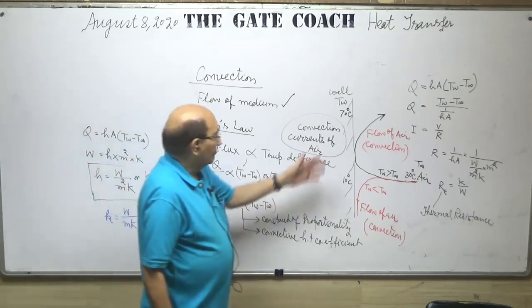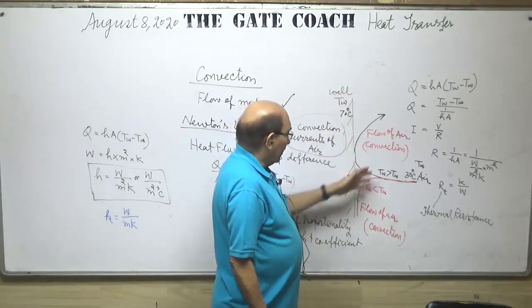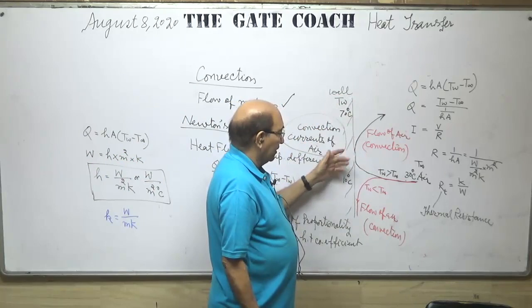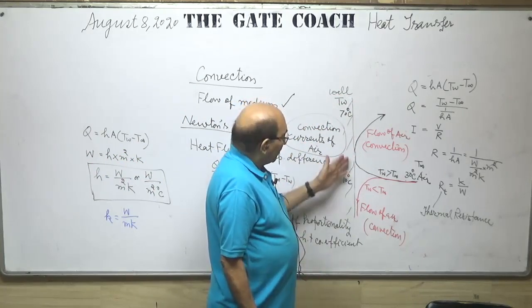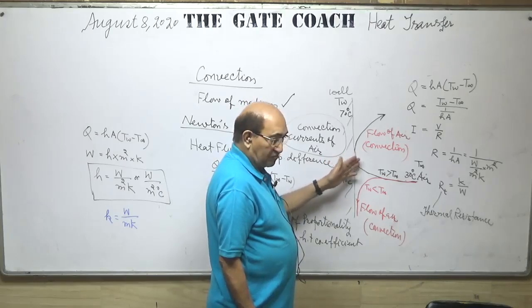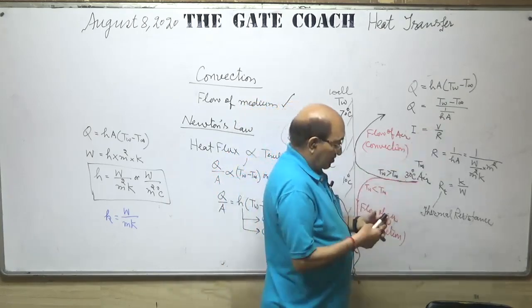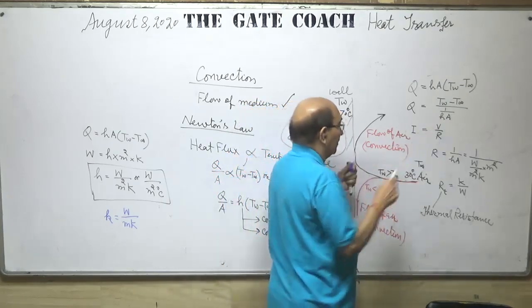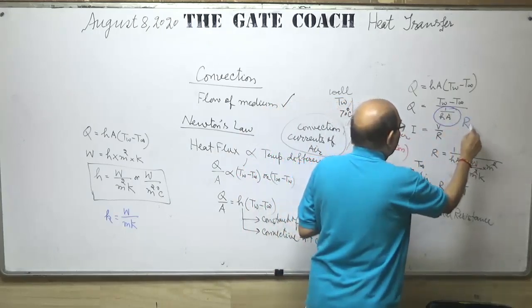Now, this was a wall, air was coming in contact with it. There was some resistance offered. This 1 upon HA is the resistance.